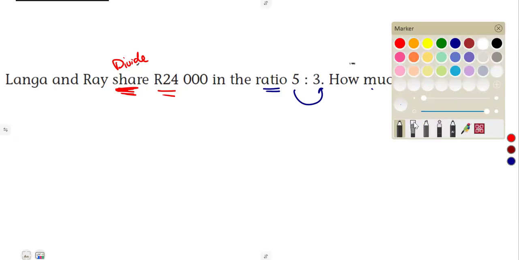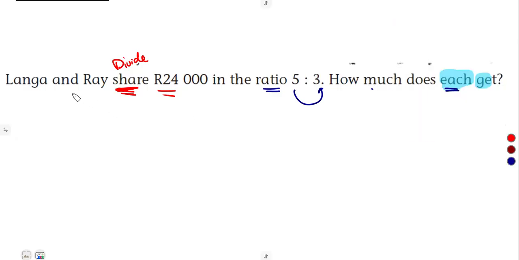You take it respectively as it is. The first value that we have there, which is 5, corresponds to the first person, Langa, and the second one corresponds to Ray. So there we are given the ratio.